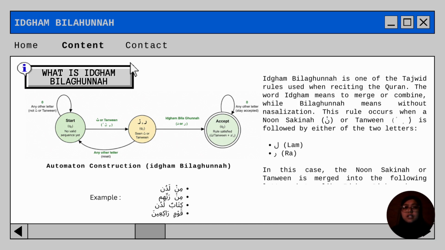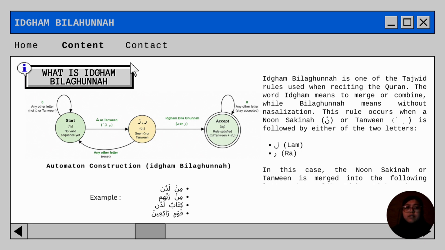To represent these rules computationally, we construct a DFA, a deterministic finite automaton, which has 3 main states. The start state Q0 is where the automaton begins, and if it detects nun sakinah or tanween, it moves to Q1, the intermediate state.